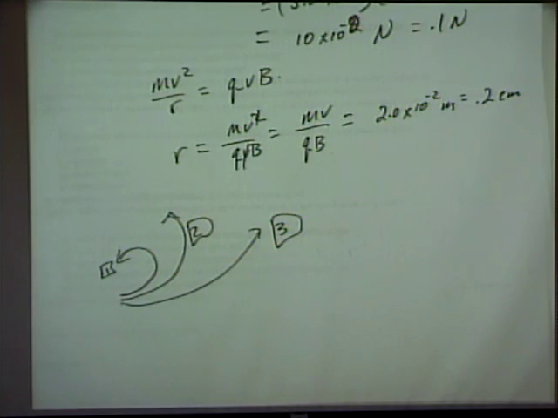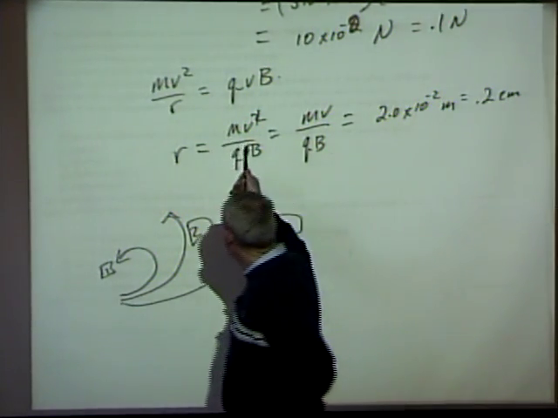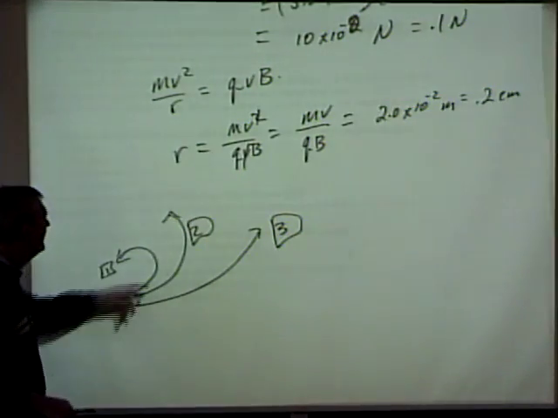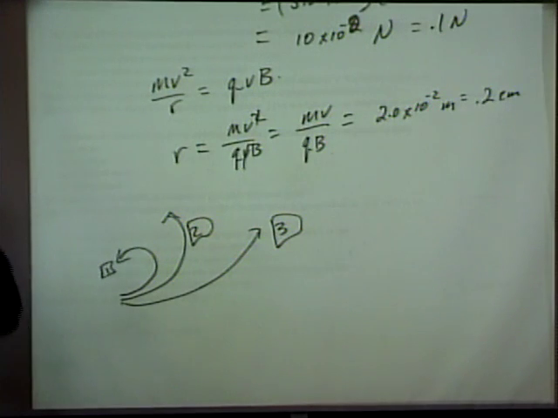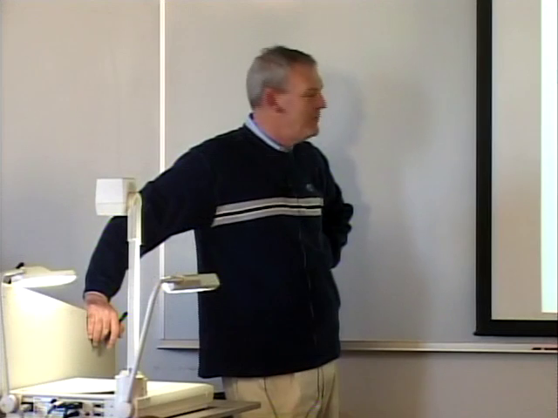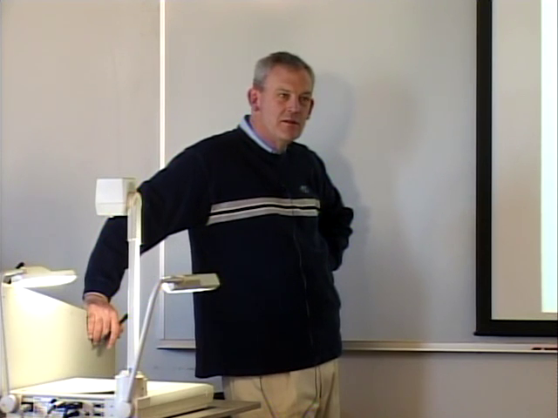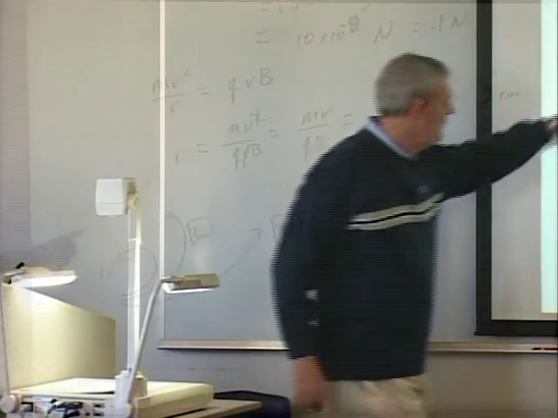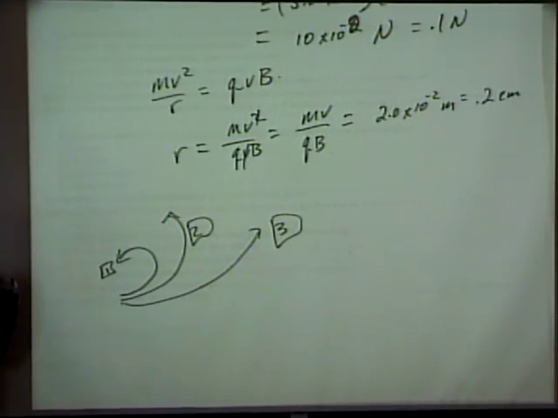Now look at this equation right here. We've got mv over qb. Oh, they have the same charge too. And they're in the same magnetic field. They've got the same charge, but which one's the most massive? Which one has the biggest radius? 3.